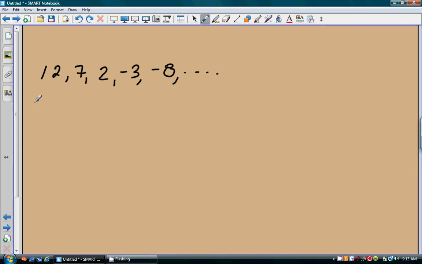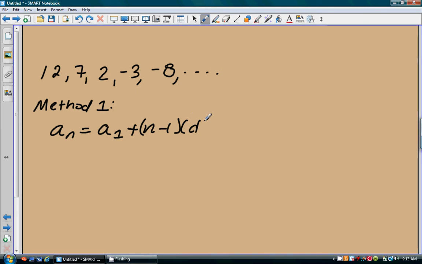The way your textbook does it, and it depends on your choice, but this is method 1. And this is from the textbook, so keep that in mind. Remember, a sub n was the general rule for a sequence. We're going to say a sub 1 plus n minus 1 times d.